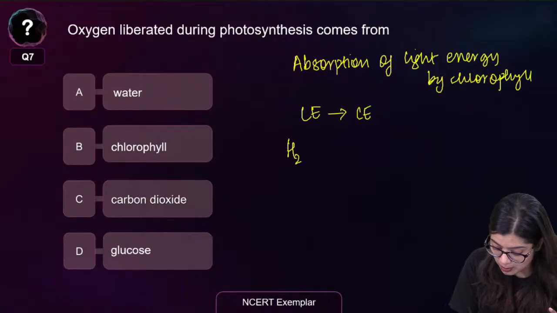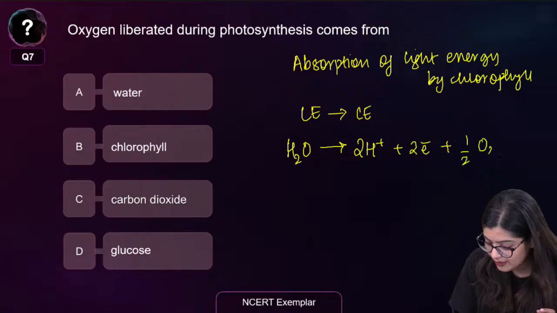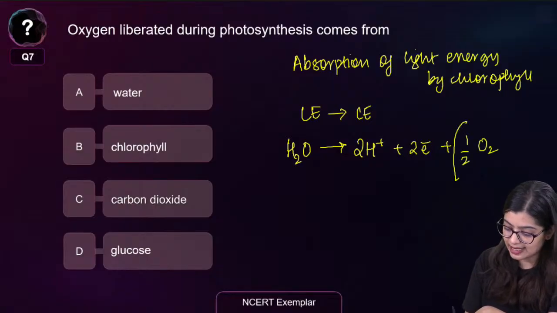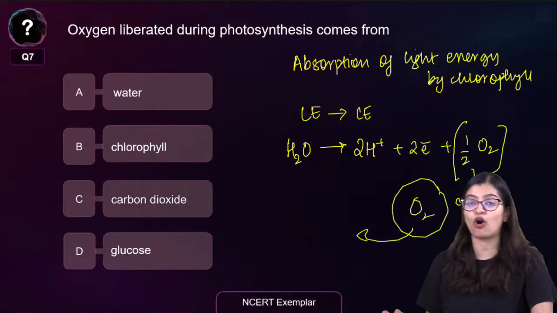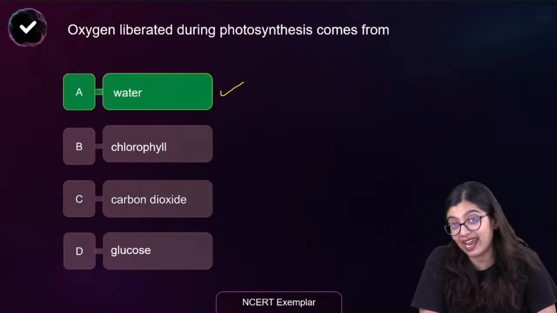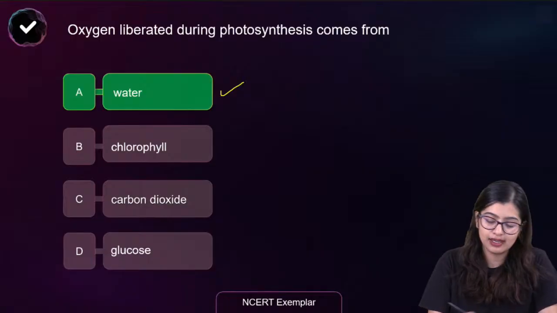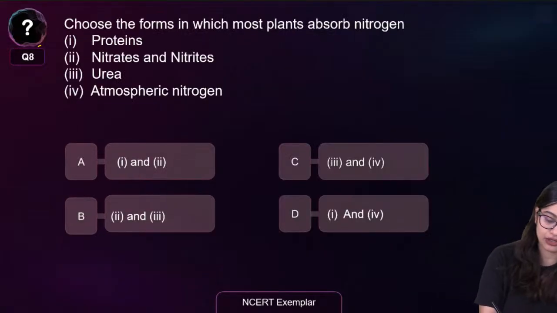How? By the splitting of water molecules, right? So we get this particular equation, you all remember. And then of course in the end we see that the oxygen atoms will combine, giving you oxygen, which is the byproduct. Which is why in this case the correct answer is option A, which is water. Yes? Very good. Now let's move on to the next question, right?